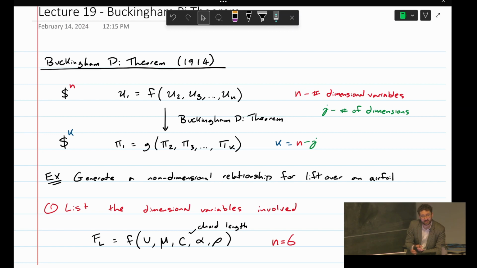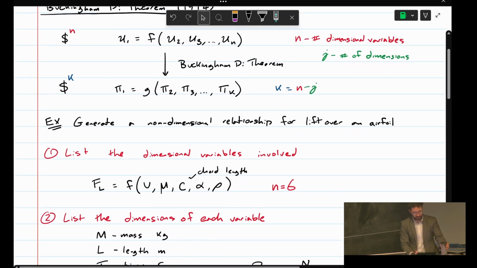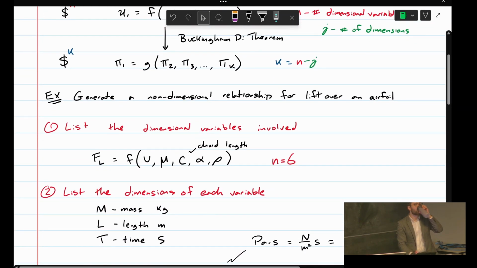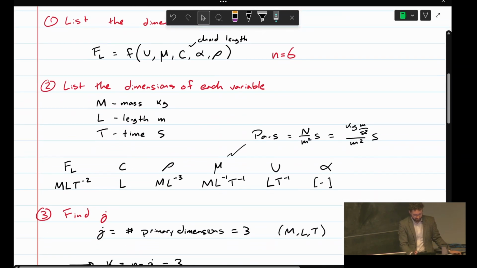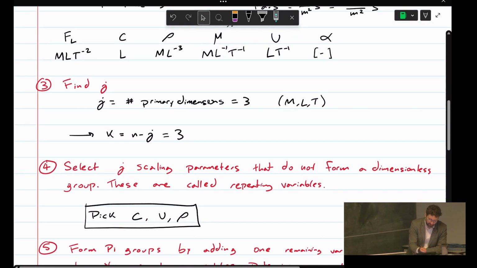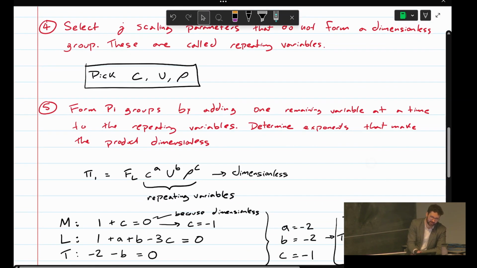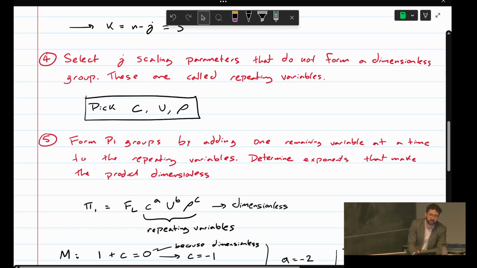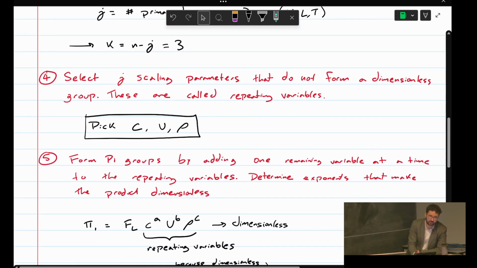Okay, yes? When you're choosing your repeating parameters, how many solutions can there be by choosing a different group of repeating parameters?